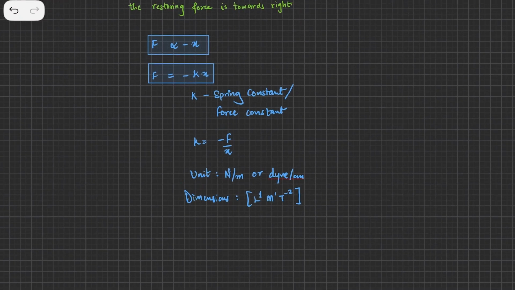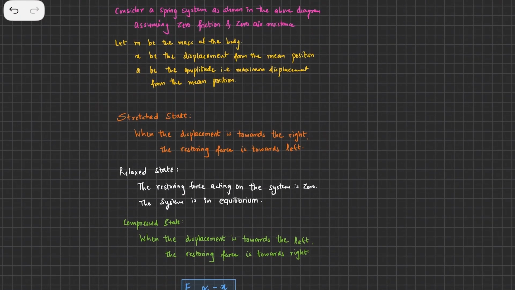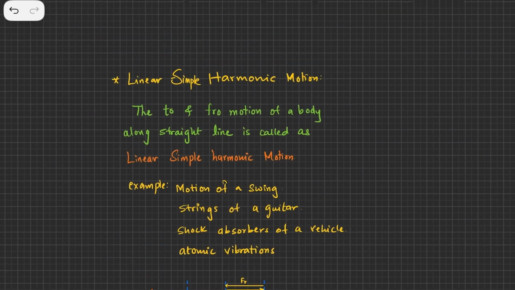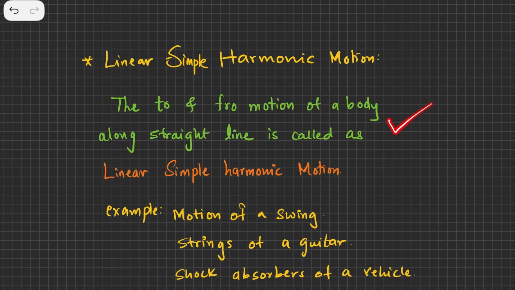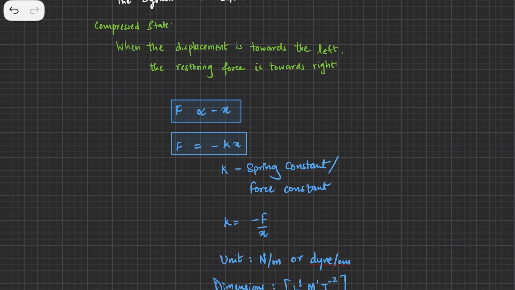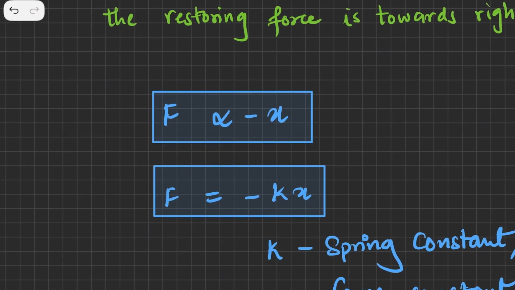So here we can define what linear simple harmonic motion is. Linear simple harmonic motion can be defined by this method as well. However, we can define it here as well. A linear simple harmonic motion is a periodic motion in which the force is directly proportional to the displacement, and it always points towards the mean position.